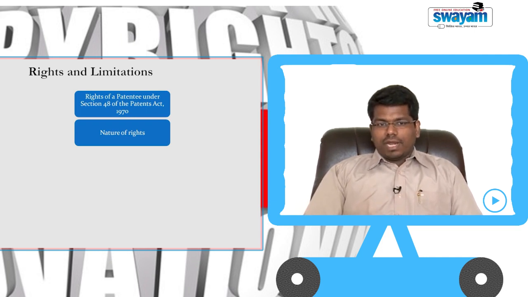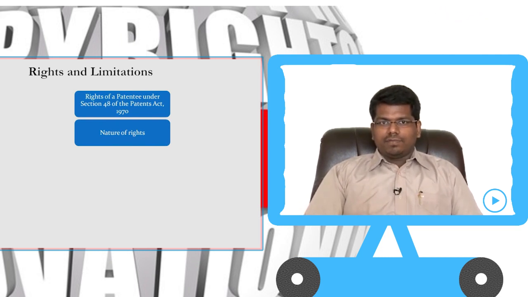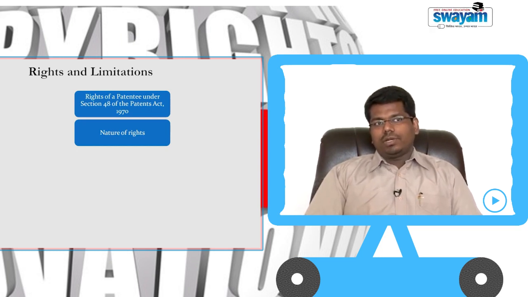Now, as far as section 48 is concerned, it comes with its own set of limitations, and these limitations are more or less conditions contingent to which the right under section 48 can be enjoyed.